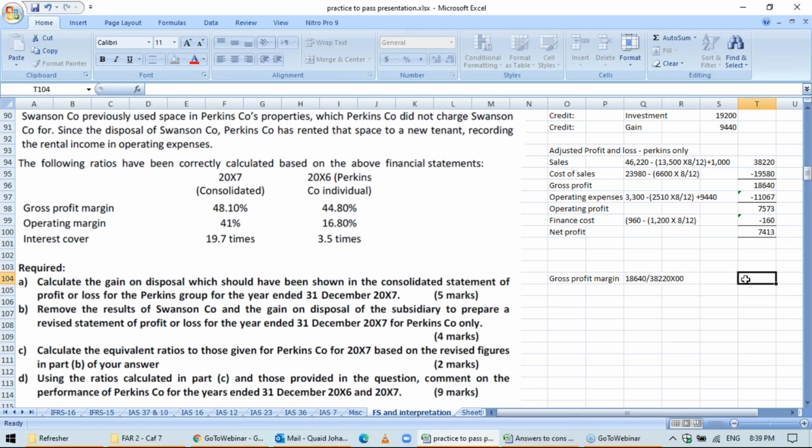So this comes up to approximately 49%, but in two fractions if we take, this makes 48.77%.